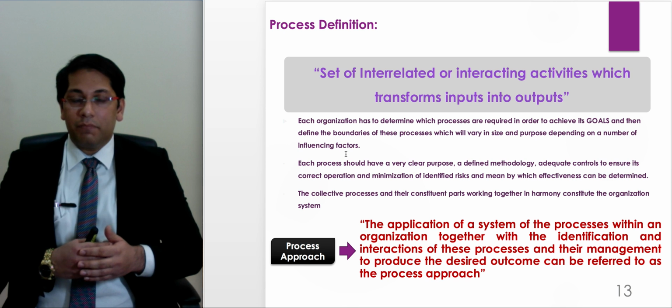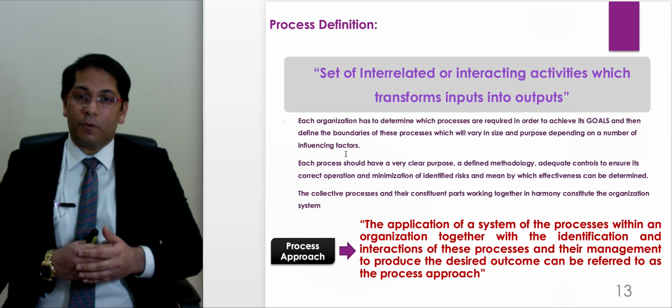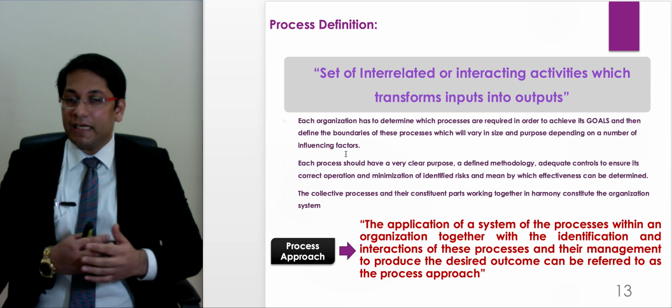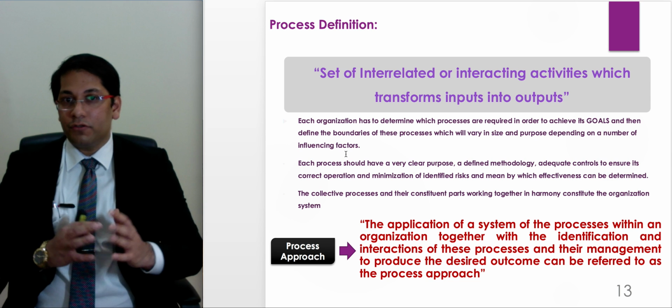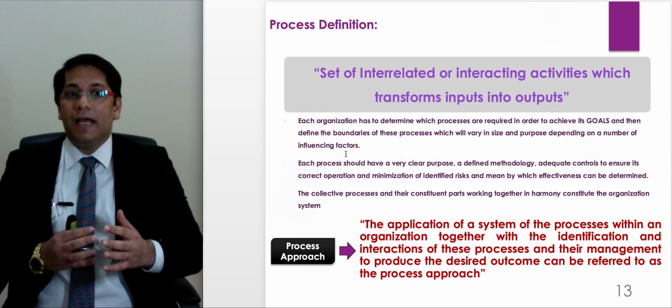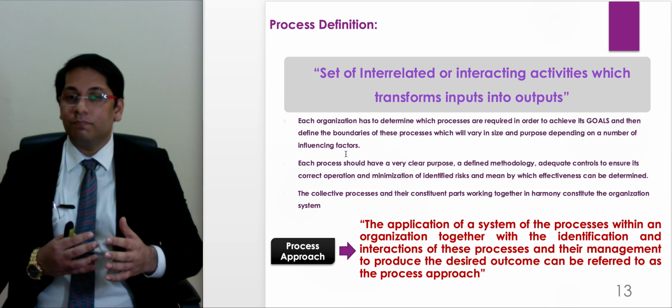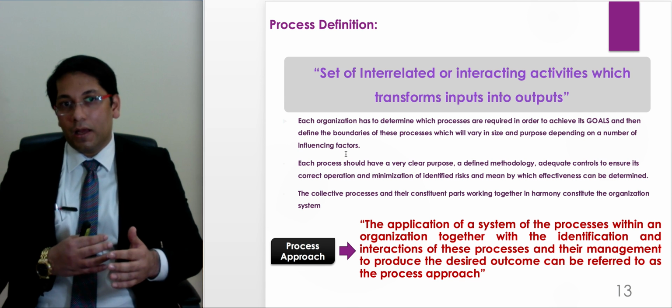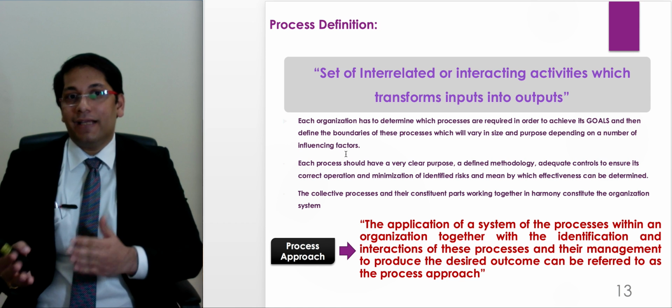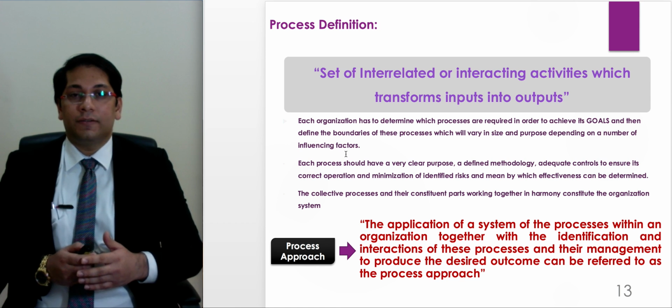That was the ultimate aim behind adopting the process approach method. We will discuss this in detail in a later slide, but for you to know, the process approach is otherwise an interconnected system, with interconnected processes within the system having a smooth transition among each other, or interrelated or interacting activities.